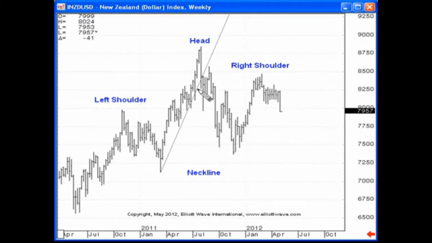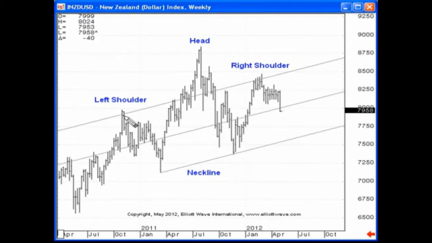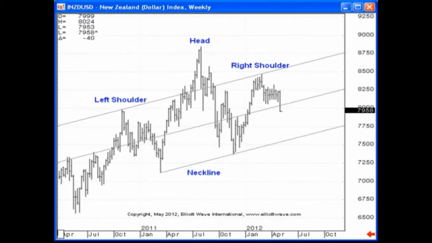Following the head, we see this initial pullback. I take a parallel of that line off the extreme of the left shoulder, and ideally that will provide resistance for the right shoulder, which it very much did. Now all I'm looking for in the weeks ahead is a decisive break of the neckline, and then we can employ the neckline measuring technique, which is the distance between the head and the neckline projected downward from the breakdown point.